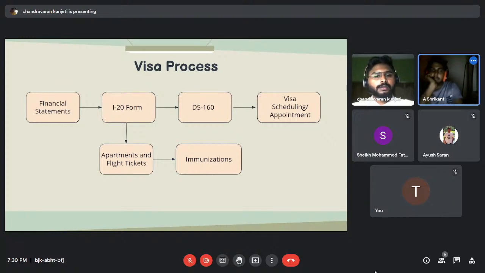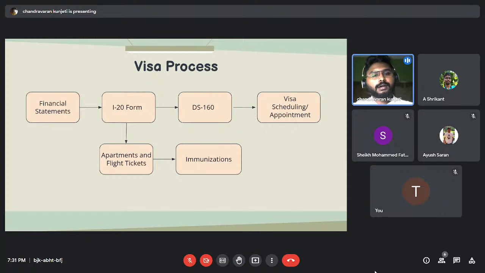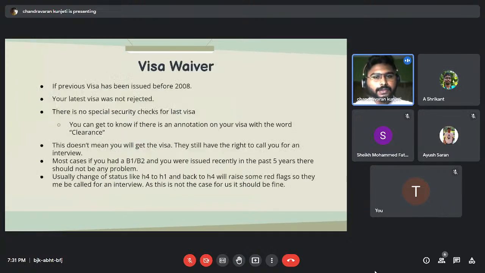Correct. Okay, so we'll move on to the next section here, and I'll be taking this up. To add on to the visa process, there's something called a visa waiver that people are eligible for. You would be eligible if you had a previously issued visa after January 2008.